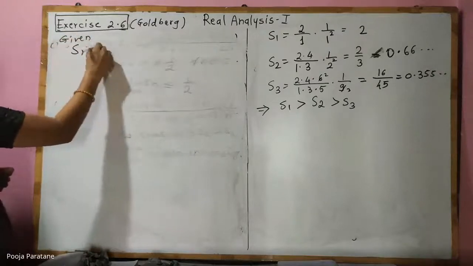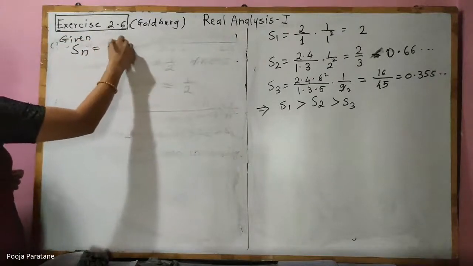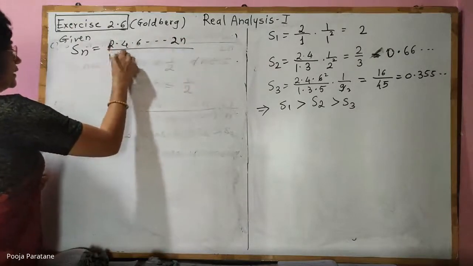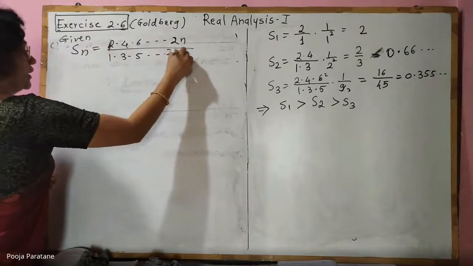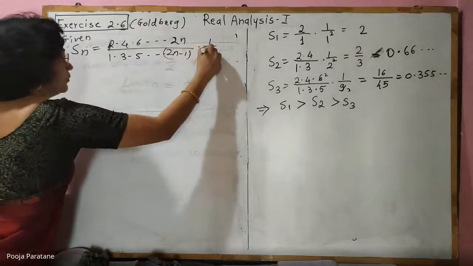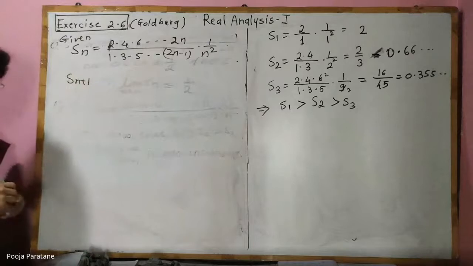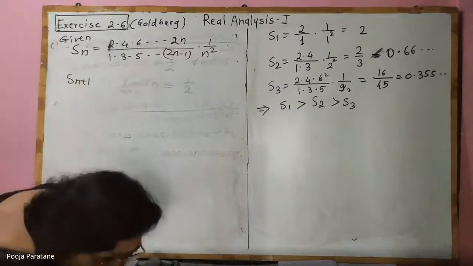Given, Sn is equal to, let me write it again, 1 into 3 into 5 up to 2n minus 1, upon n square. So Sn plus 1, we will find.